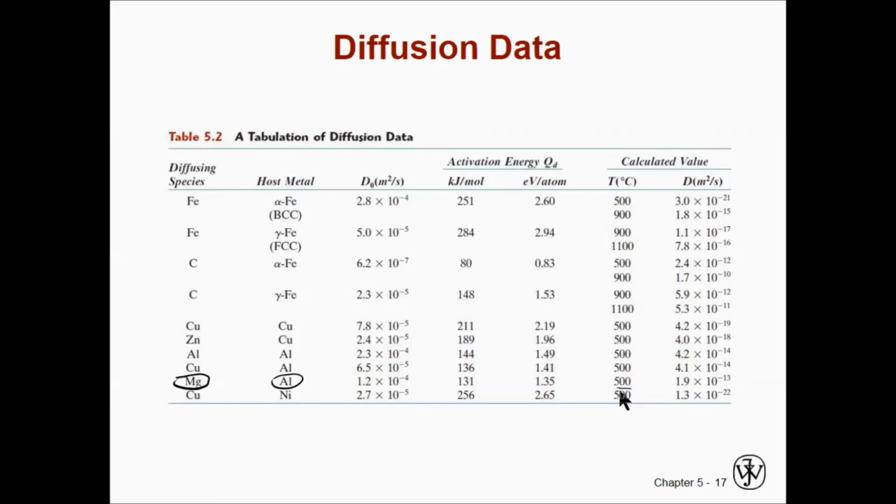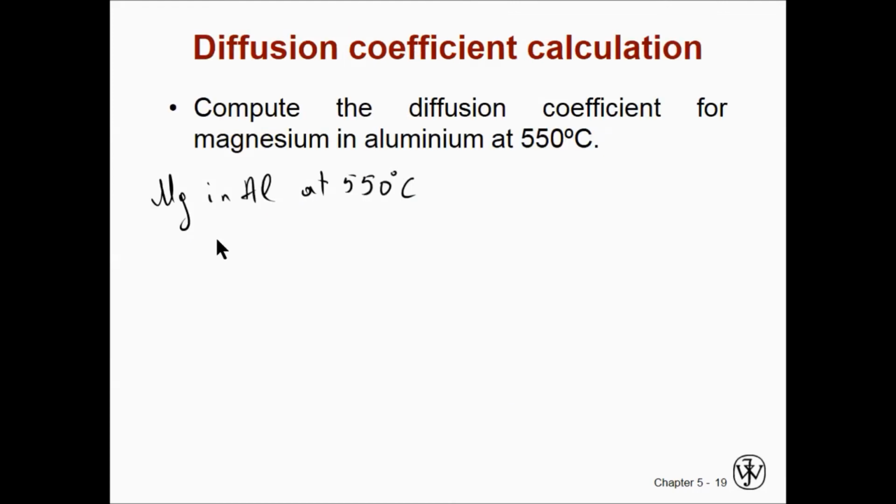That's why I will have to calculate it. But before, let's take these values, D0 and activation energy, for the calculation. So for magnesium in aluminum, D0 is this, and activation energy is this, in kilojoules per mole.